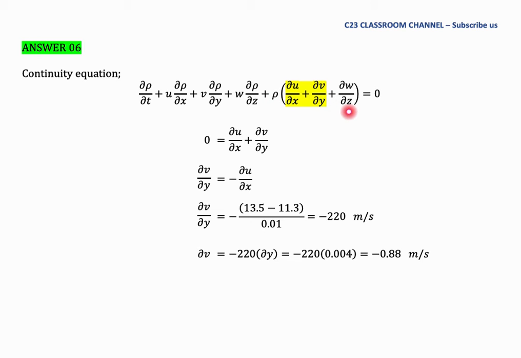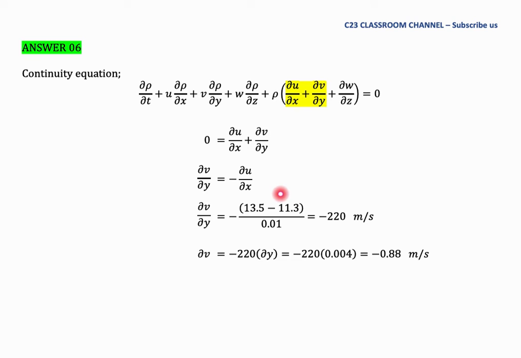We have only two dimensions, so the value of w does not exist. So we finally could say that the continuity equation can be written as del u over del x plus del v over del y equal to zero. So we bring the terms of u to the other side, so we have dv dy equal to negative del u over del x.